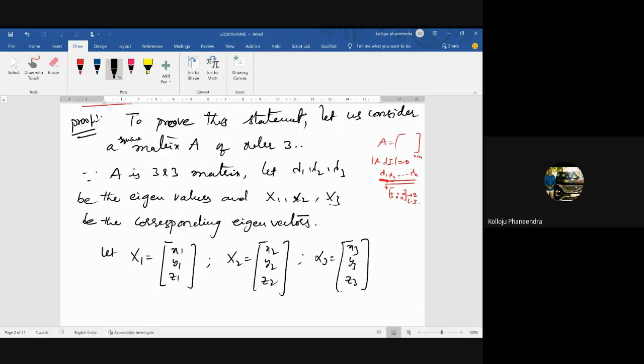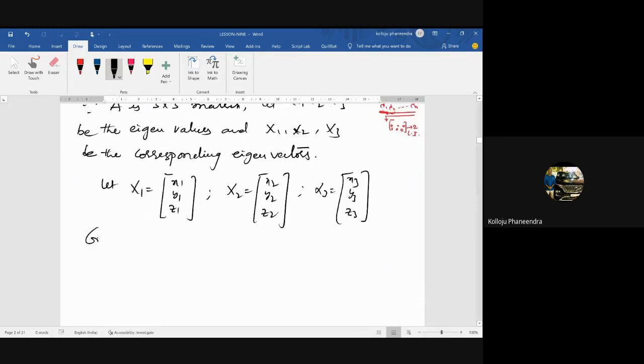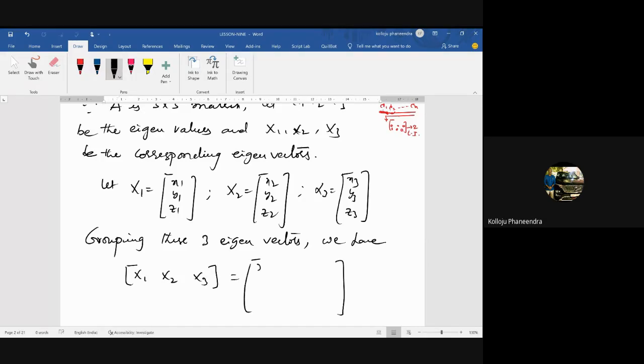Now, grouping these 3 eigenvectors means writing the eigenvectors together in a matrix: x1, y1, z1, x2, y2, z2, x3, y3, z3.